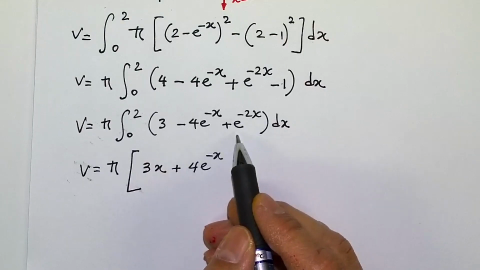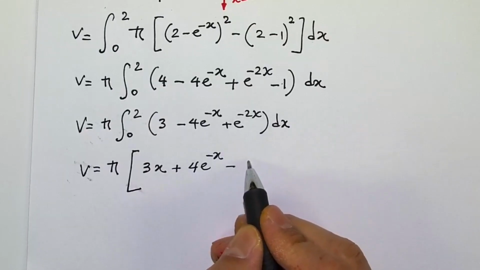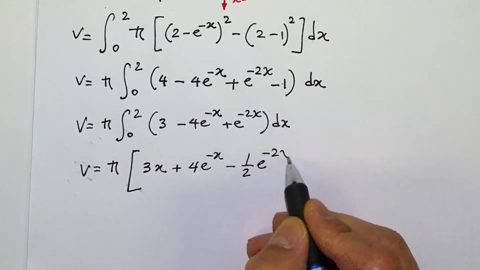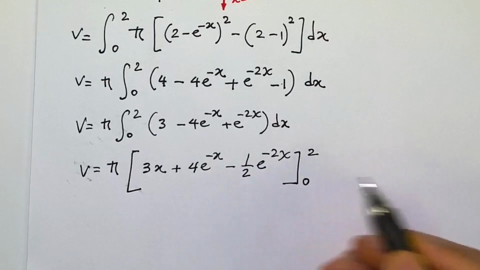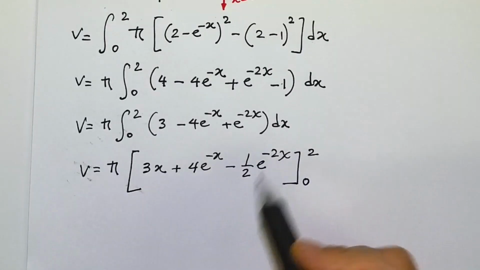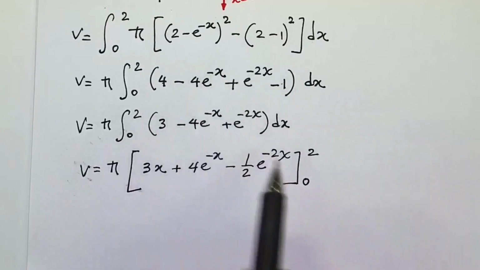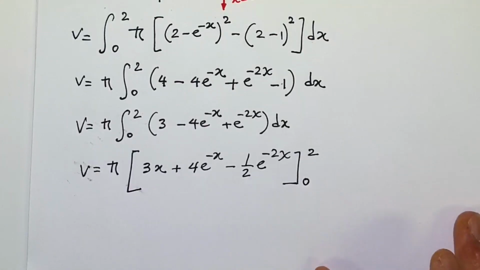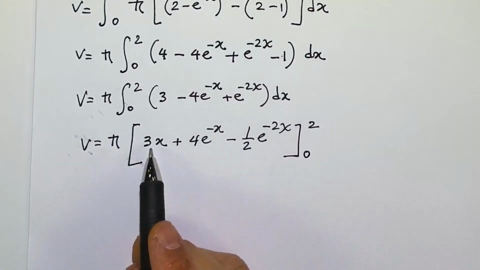So when we integrate, we want to make sure that we get rid of the minus 2. So minus 1/2 times e to the minus 2x power, and then from 0 to 2. If you have any questions about these steps, I'm pretty confident you know how these things are simplified and how these integrals are calculated, but if you have any questions, just let me know.